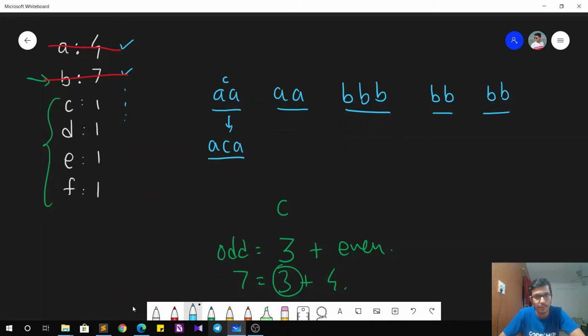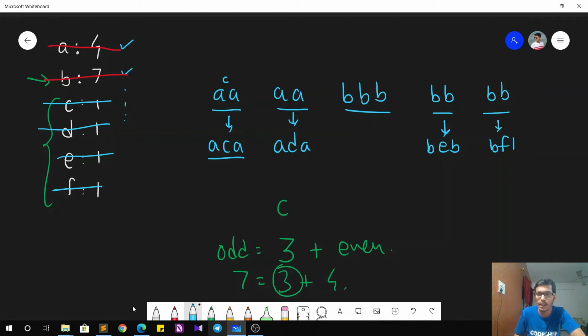Similarly, this one is also done. Now we can place the D in between this pair, so it is ADA. Then we can place the E over here so that it forms BEB, and the F can be placed over here to form BFB, and the three-count palindromes are copied as they are.